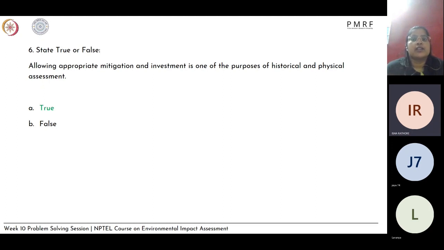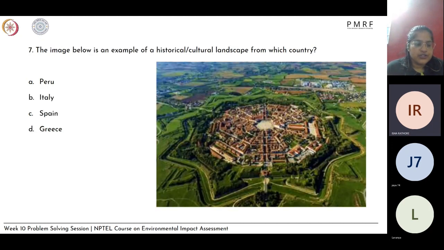The purpose of doing historical and physical assessment is to allow appropriate mitigation and investment. Moving on to question 7.